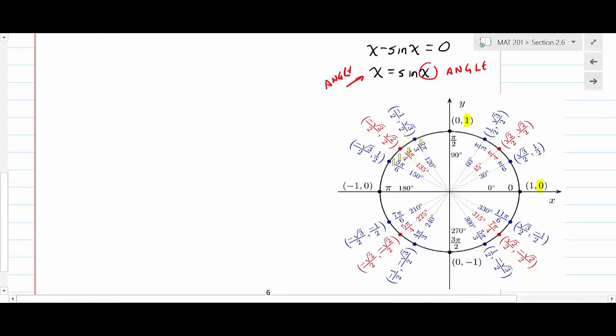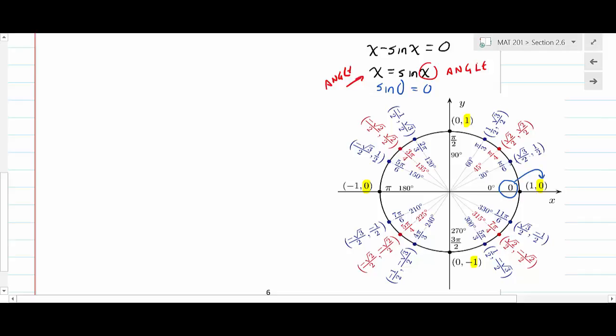So if I go around the unit circle, all these y values are the value of the sine. One thing we know just by looking at this is the sine of 0 is equal to 0. So that would be one place where it exists. This angle is the same as the y value. That's the only place, though.